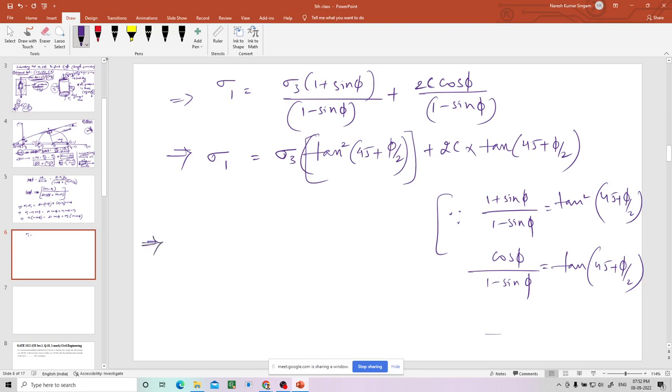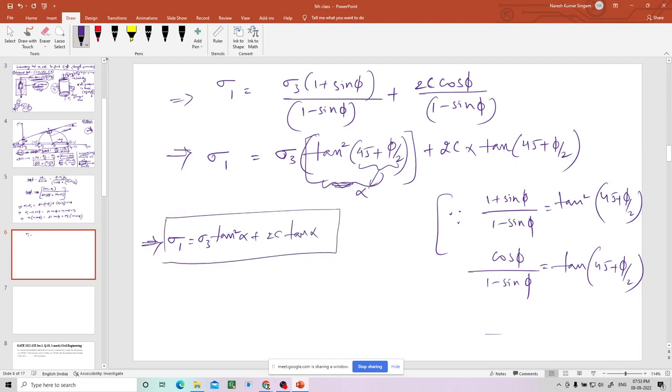Now I'll just keep it as it is: sigma 1 equals sigma 3 tan square alpha plus 2c tan alpha, where alpha is 45 plus phi by 2. So this is the derivation.